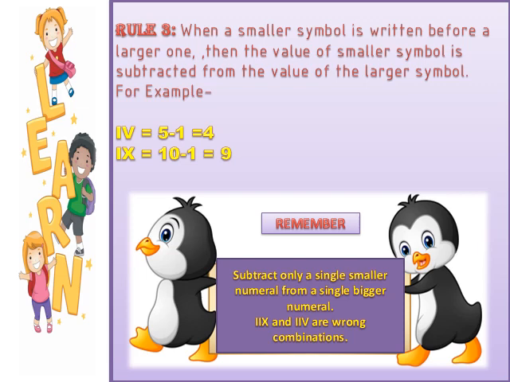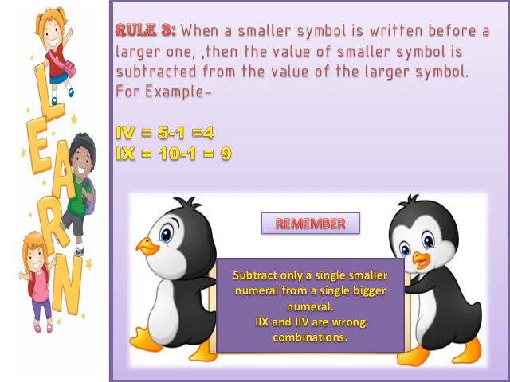Same as IX. I is a smaller symbol and X is a larger symbol. So the value of I will be subtracted from the value of X. X means 10, I means 1. So IX is equal to 10 minus 1 is equal to 9. So children, IV stands for 4, IX stands for 9.